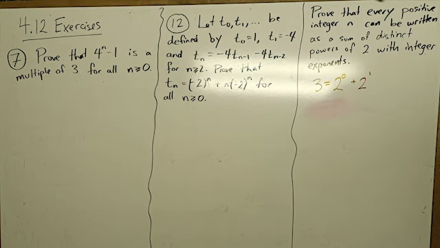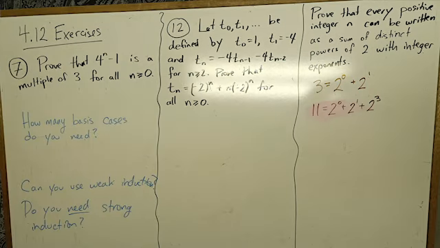So as an example here, we can say that 3 is equal to 2 to the 0 plus 2 to the 1. Or for example, 11 is 2 to the 0 plus 2 to the 1 plus 2 to the 3. And I want to show that every integer can be written in this way.